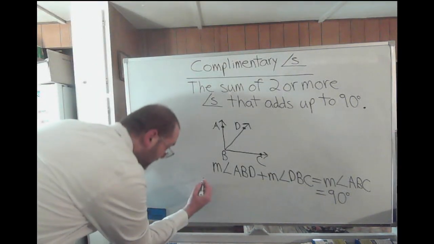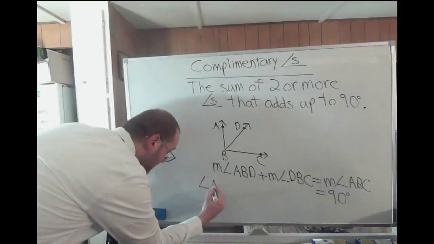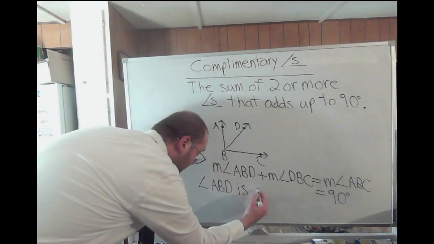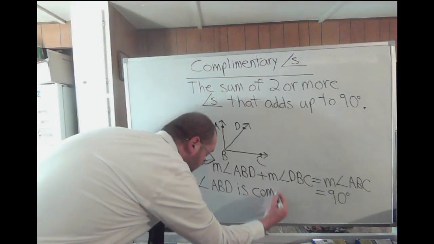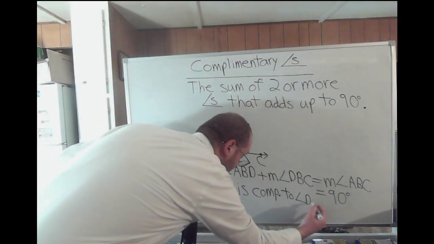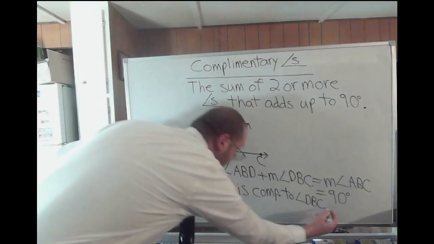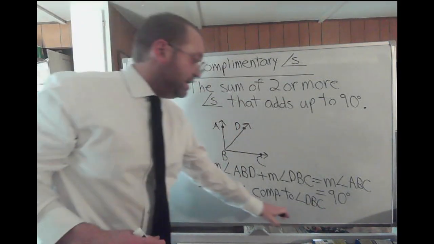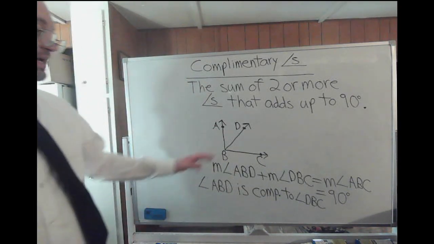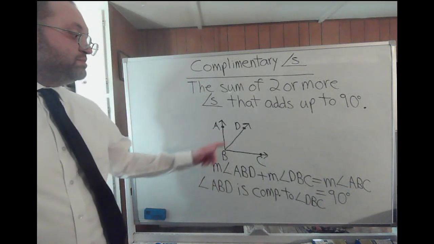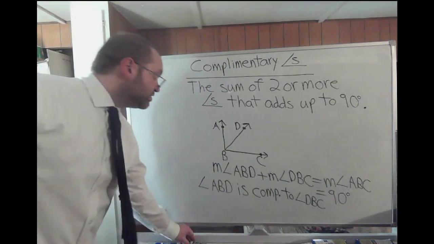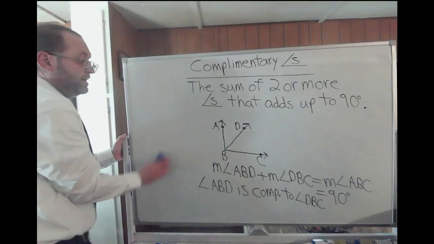You can also write that angle ABD is complementary, I just abbreviate complementary, to angle DBC. So angle ABD is complementary to angle DBC. If one angle is complementary to another, that means when you add the two angles together, you'll get a sum of 90 degrees. So that's complementary angles.